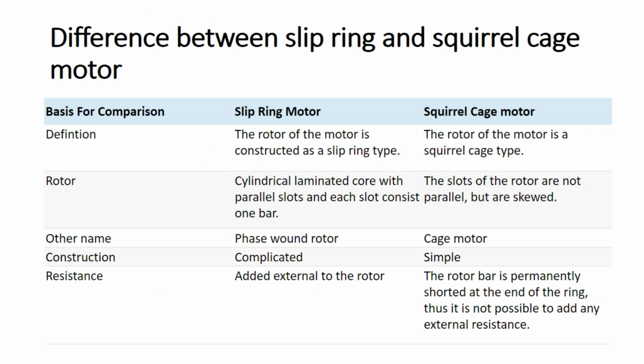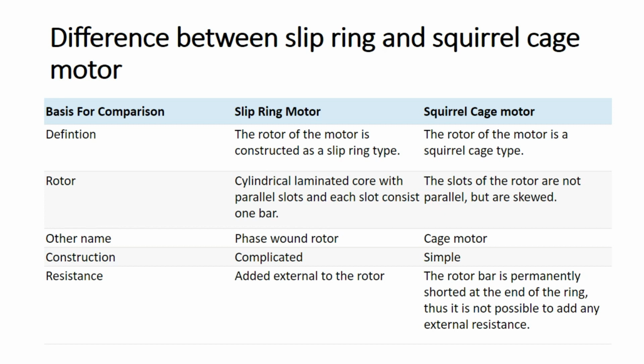Here is the difference between slip ring and squirrel cage motor. The basic comparison between slip ring and squirrel cage motor, first of all, its definition. In the slip ring motor, the rotor is constructed as a slip ring type, and in the squirrel cage motor, the rotor is in squirrel cage type.